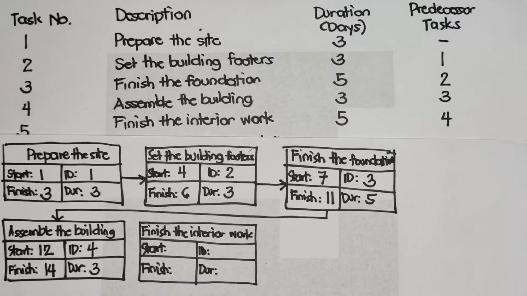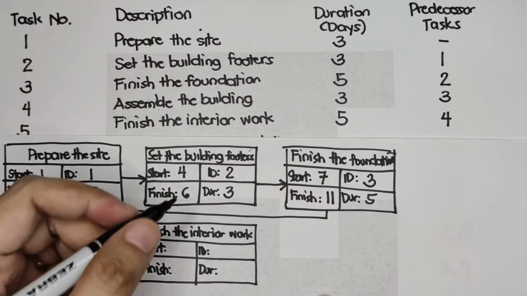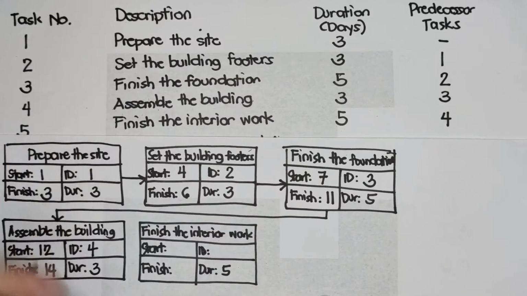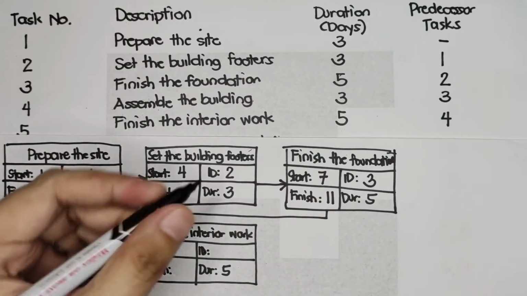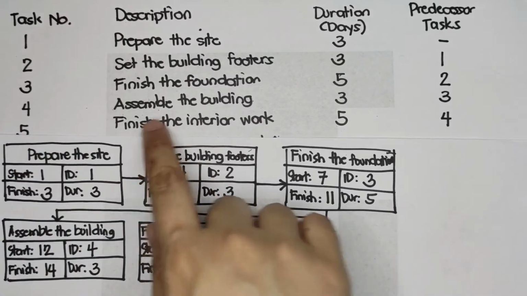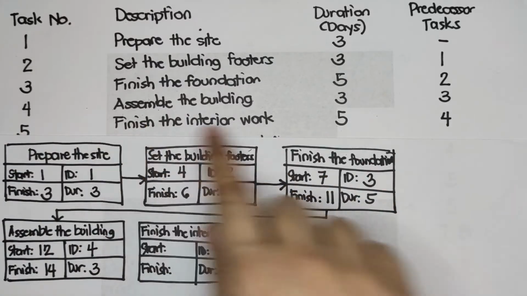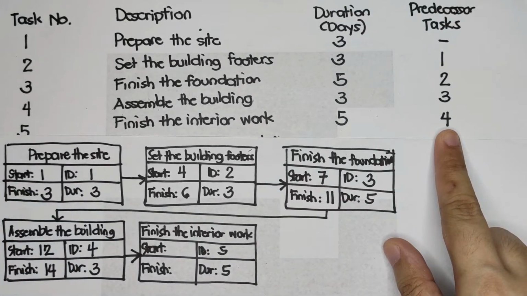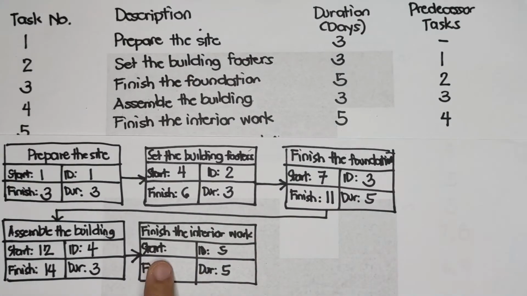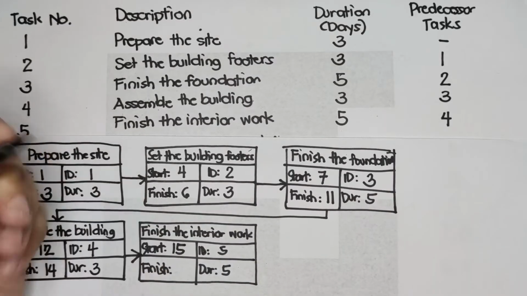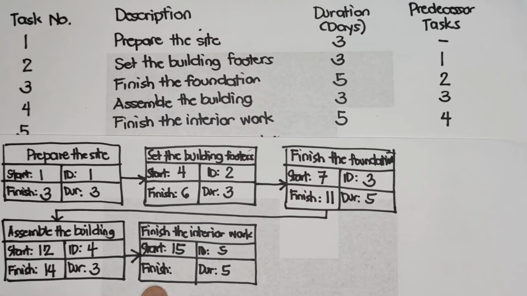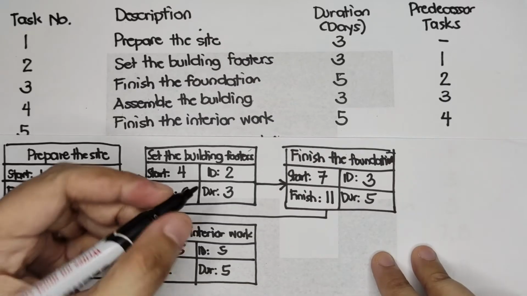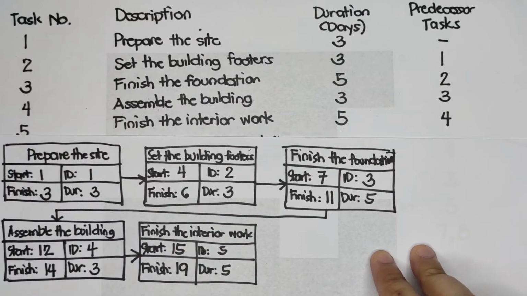Task number 5 duration is 5, and ID is also 5. Since the predecessor task of task number 5 is task number 4, create an arrow going to finish the interior work. Its start day is day 15. To calculate the finish day, 15 plus 5, 20, minus 1, is 19.